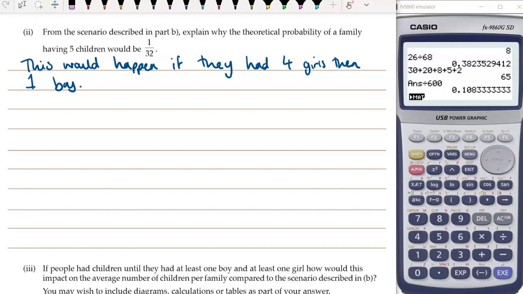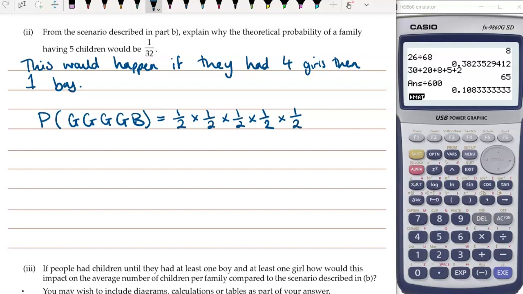So I'm not just going straight into calculations. So the probability of having girl, girl, girl, girl, and then boy will be, it's 50-50 each time. So each time we pick a girl as a half, and then the last one also for the boy is a half. And 2 to the power of 5 is 32, so that's 1 over 32.